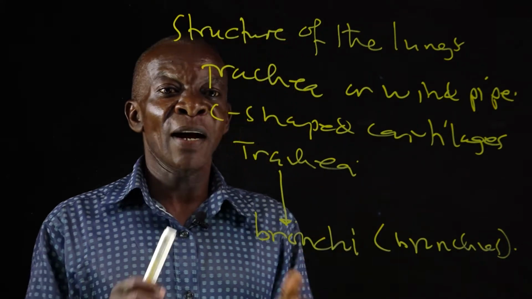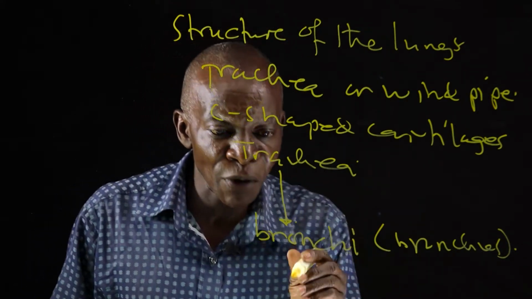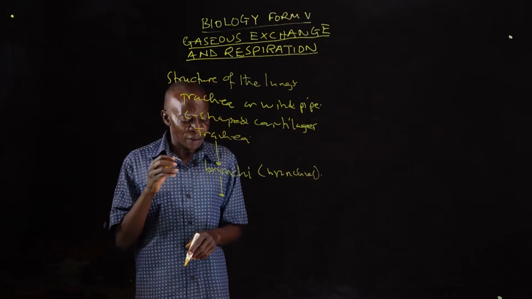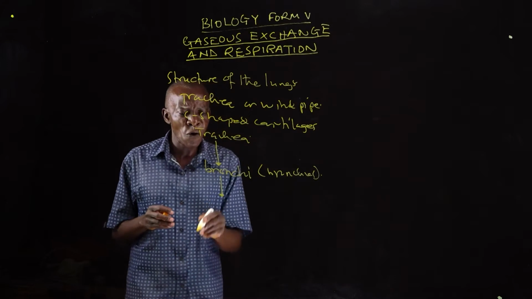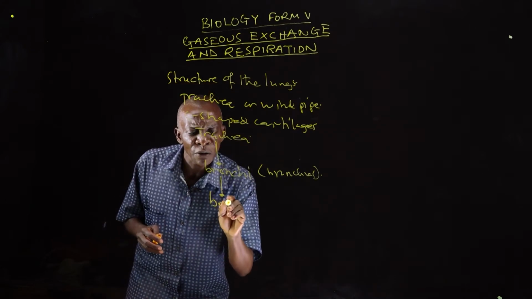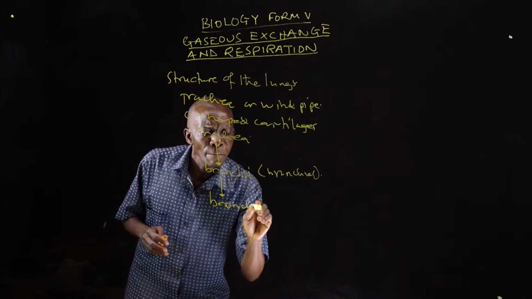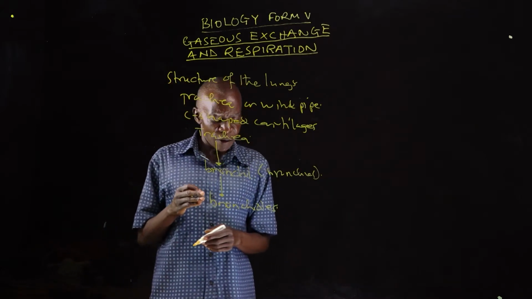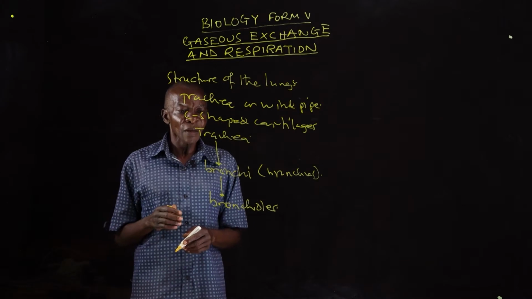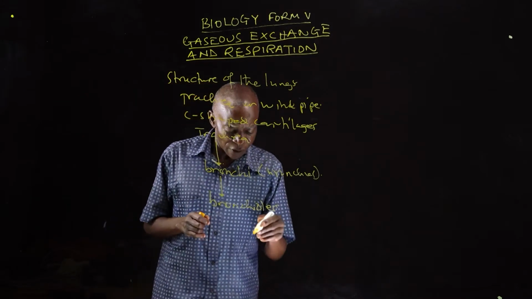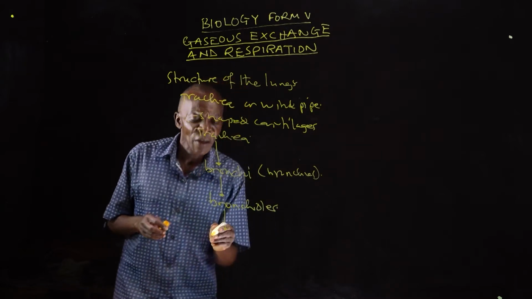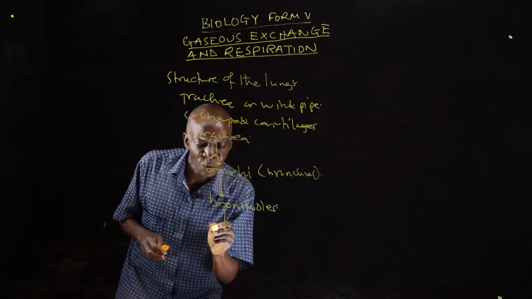Now, within the lung, the bronchus subdivides to form bronchioles, each of which divides again to form an alveolar tube or alveolar duct.